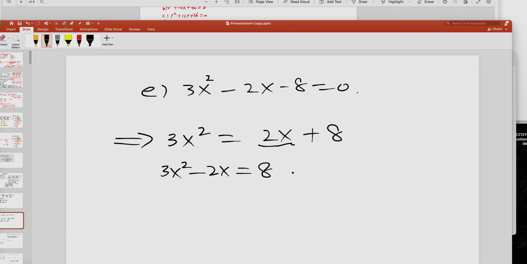How do you continue? You mean you split the x and x, right? Okay. You split the x and x only when your right hand side is equal to 0. The right hand side is not 0.